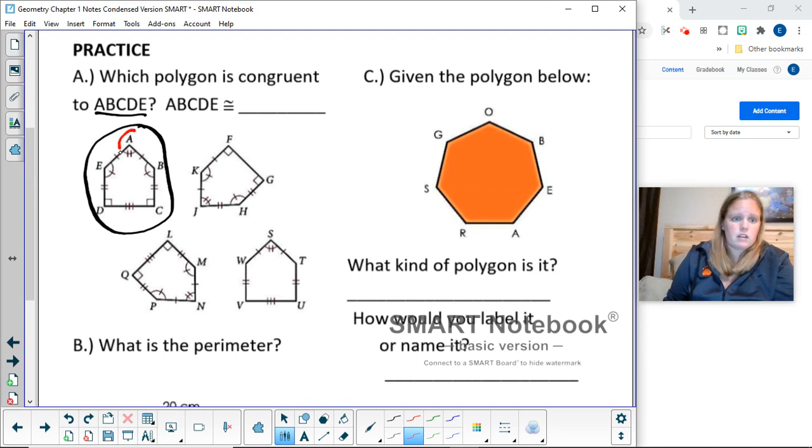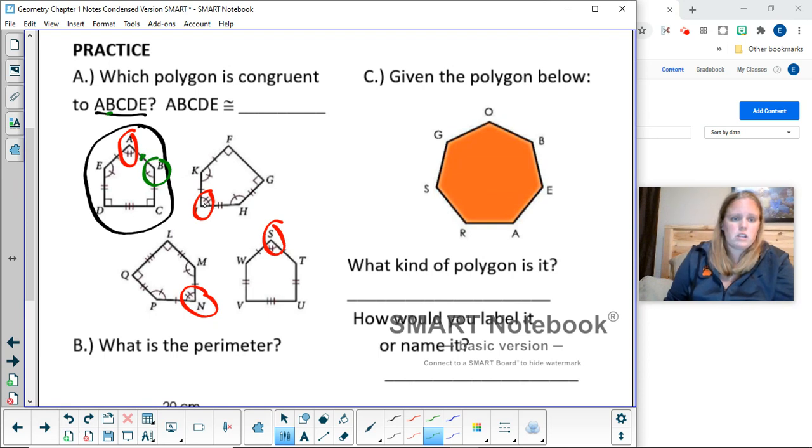So if I look at the first letter, corner A, that's got a double hash mark in it. So I'm looking for double hash marks, which this one has, this one has, this one has. So far so good. The next letter is the letter B, and that goes over here with a single hash mark, and it goes across the side with a single hash mark.